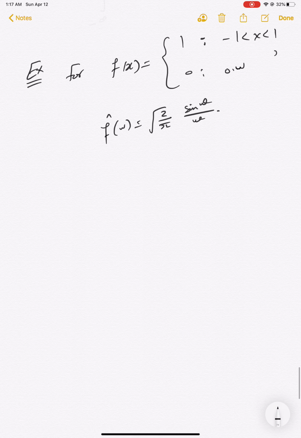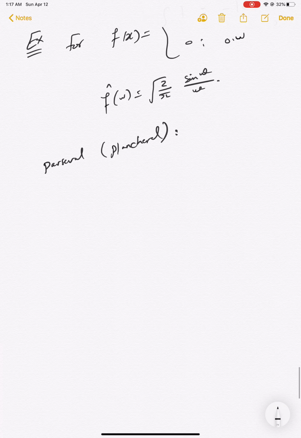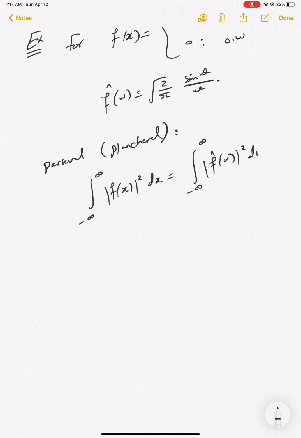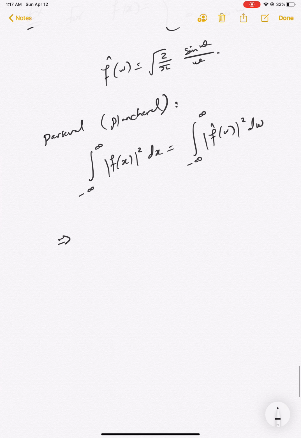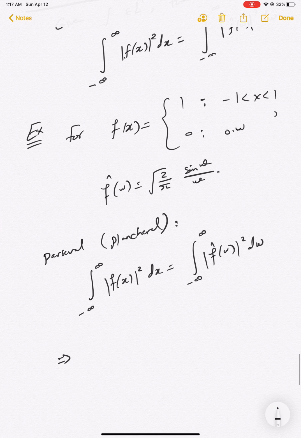Fine. So if you apply Parseval, or again, this is well known as Plancherel's theorem, what is it? It says that the integral from negative infinity to infinity of the function squared is equal to the integral from negative infinity to infinity of the Fourier transform squared. Very nice. But if you look at the function, it is 0 everywhere except on the interval negative 1, 1.